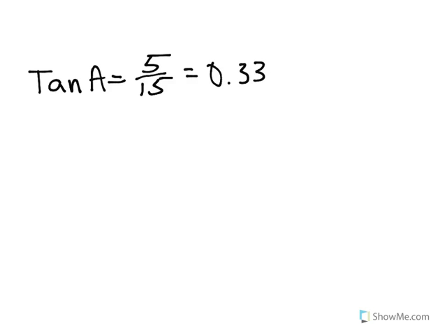We will do the same thing for tangent. The tangent value in the previous example for angle A was 5 divided by 15. When we divide 5 by 15, we get the decimal value 0.3333333 repeating.